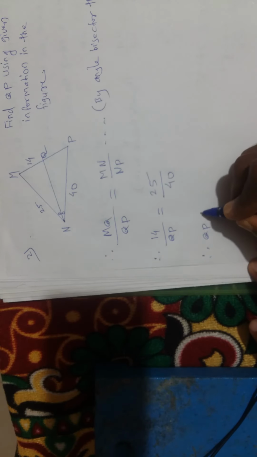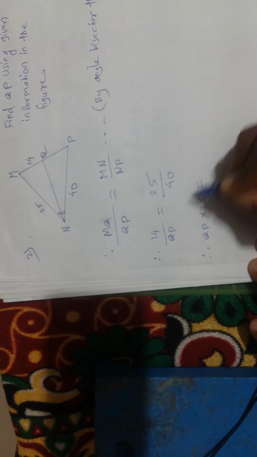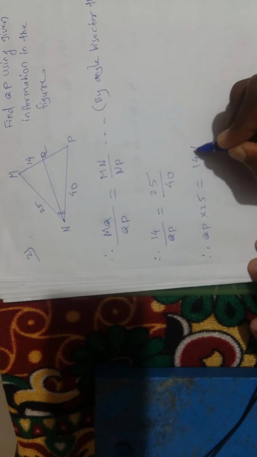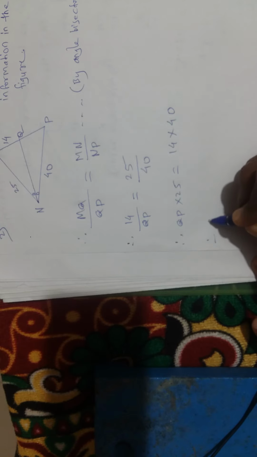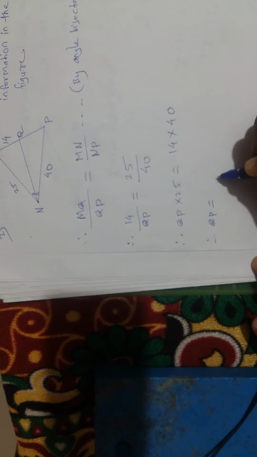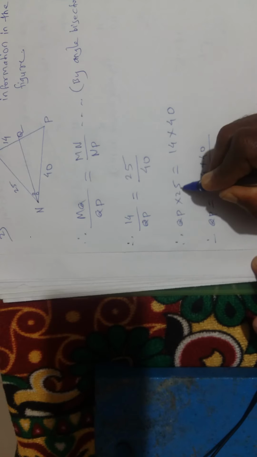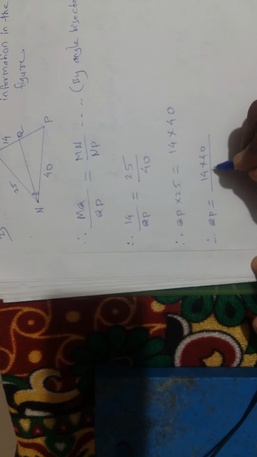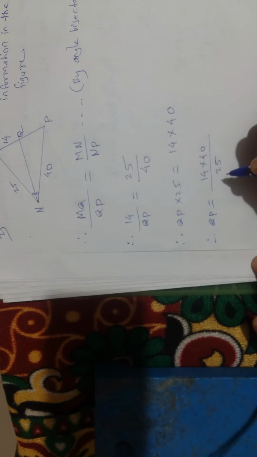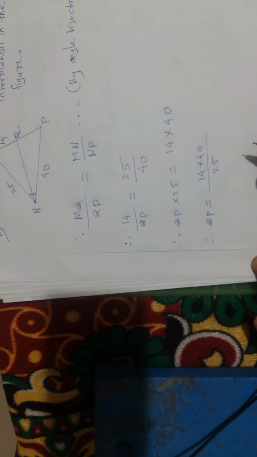QP into 25 is equal to 14 into 40. Therefore QP is equal to 14 into 40, and this 25 is in the denominator on the right hand side.